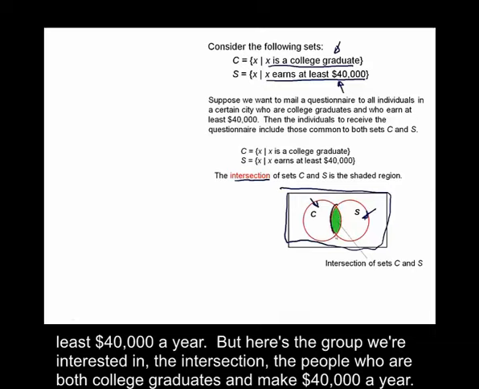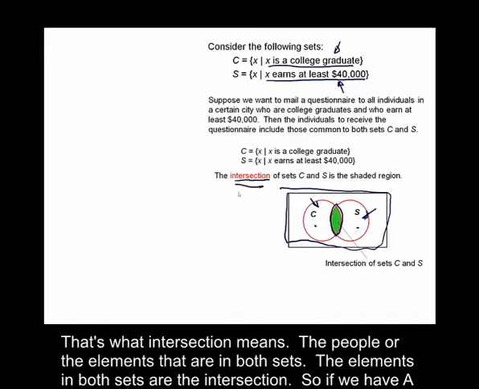But here's the group we're interested in, the intersection, the people who are both college graduates and make $40,000 a year. That's what intersection means. The people or the elements that are in both sets. The elements in both sets are the intersection.